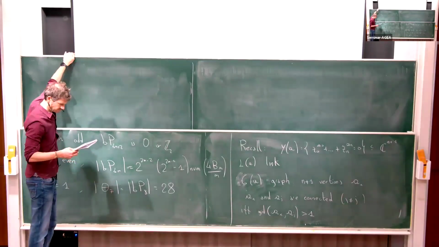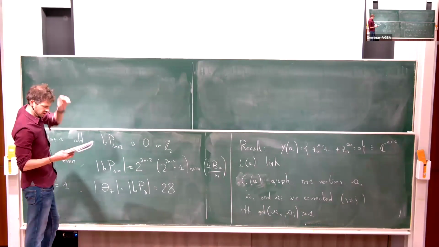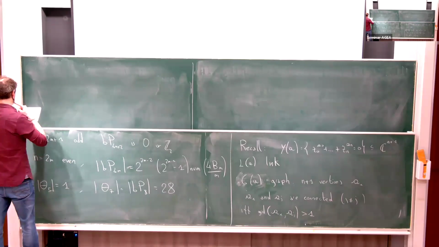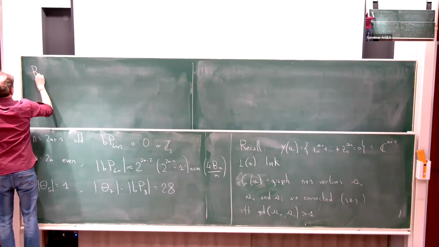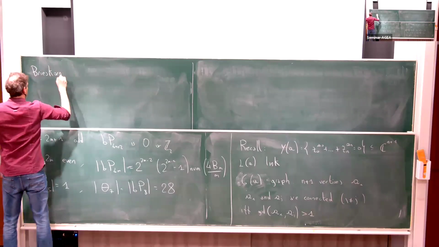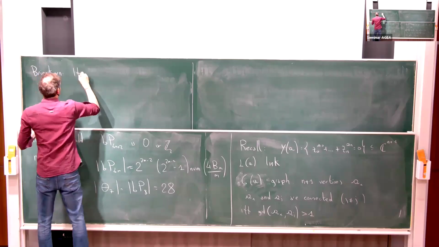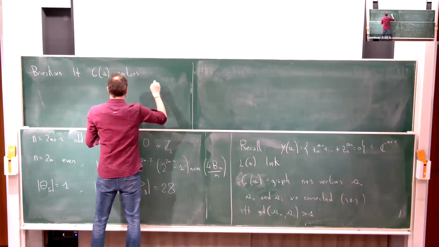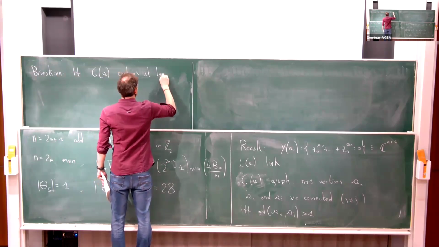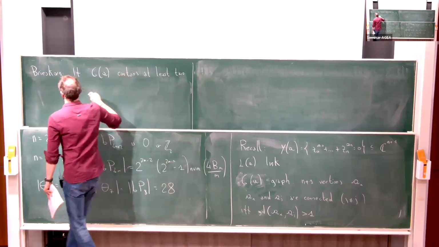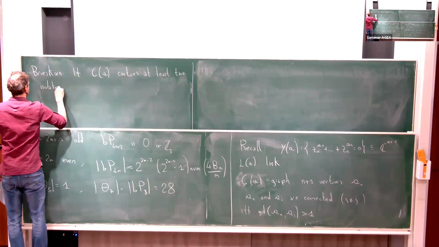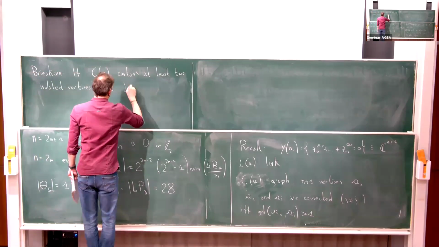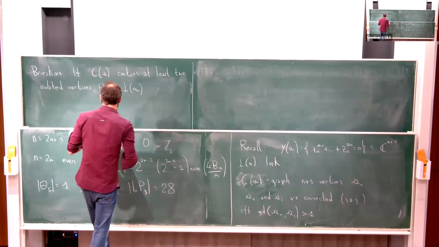And then there are criteria to decide using this graph when a link is a sphere. I'm only telling you one. So let's do this one. If GA contains at least two isolated vertices, then our link is a sphere.